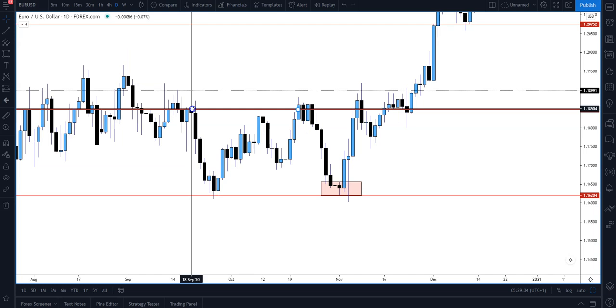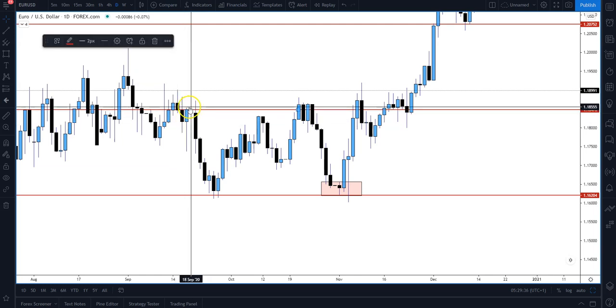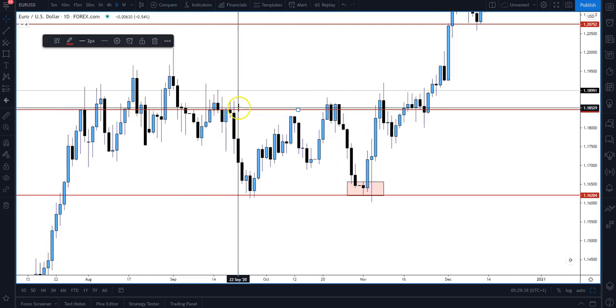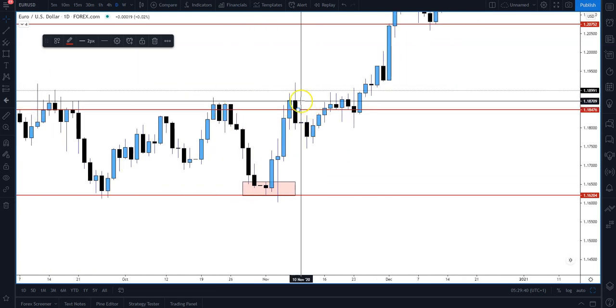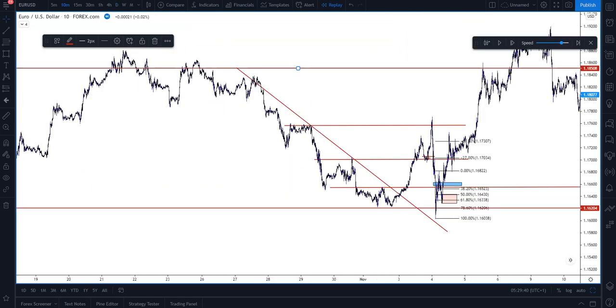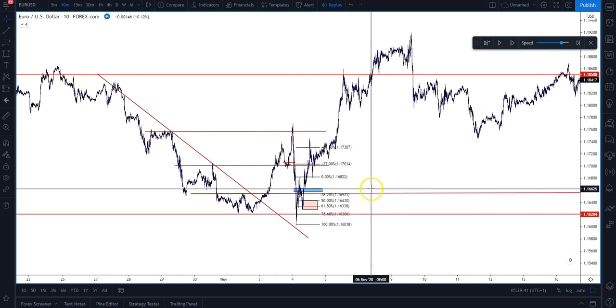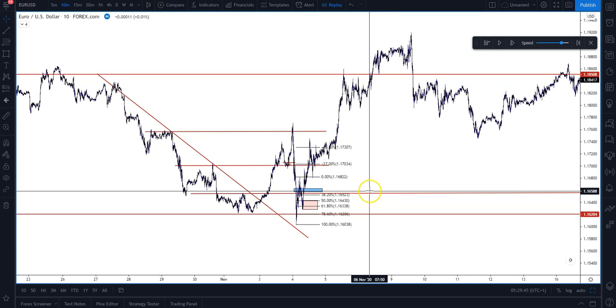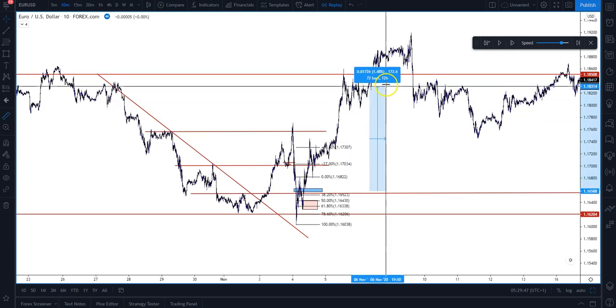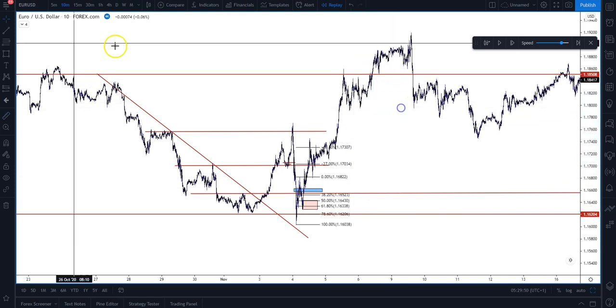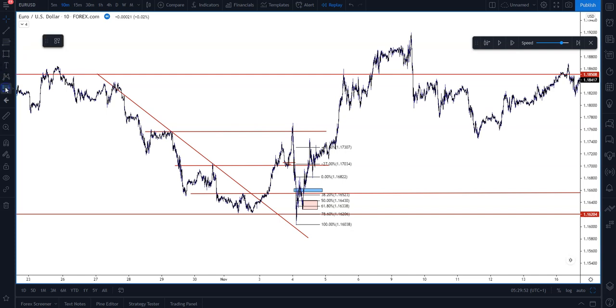There's one order block here, there's another order block here, and it even shot up to make another order block. And doing that, remember our entry is right here. We have a nice almost 200 pip trade.